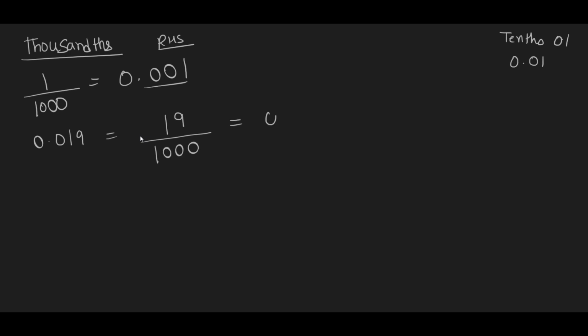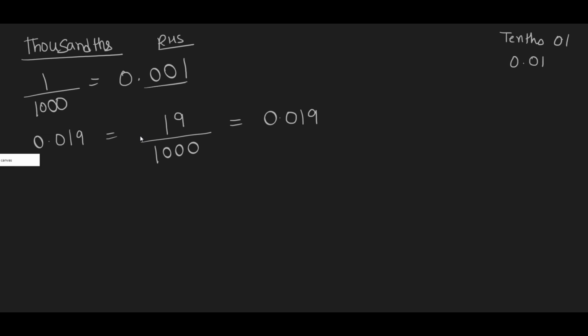So this is also 0.019, 3 digits after the decimal. So tenths is 1 digit after the decimal, then you have hundredths, 2 digits after the decimal, then you have thousandths, that is 3 digits after the decimal, children.